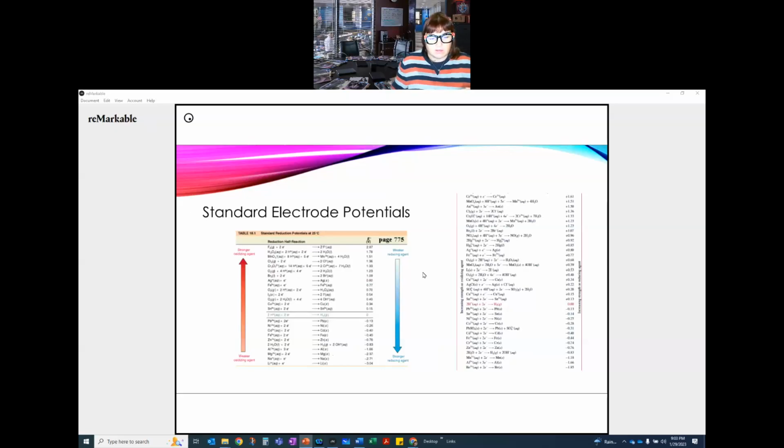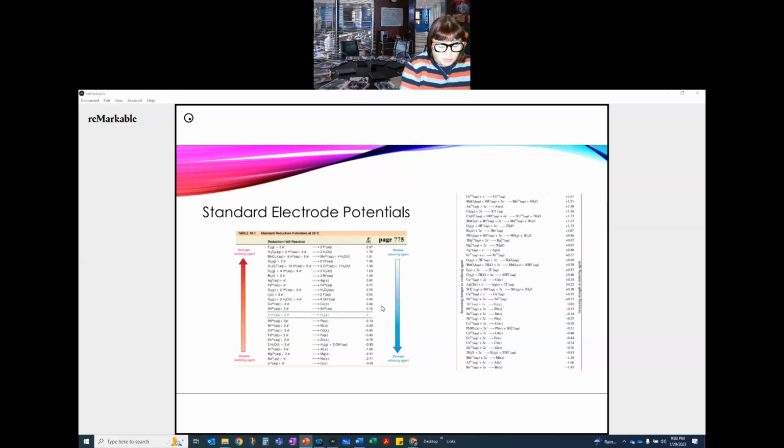So if it's written here as positive, Sn4+ plus 2 electrons goes to Sn2+, which is 0.15. If I wrote it as Sn2+ going to Sn4+ plus 2 electrons, that would then be negative 0.15.